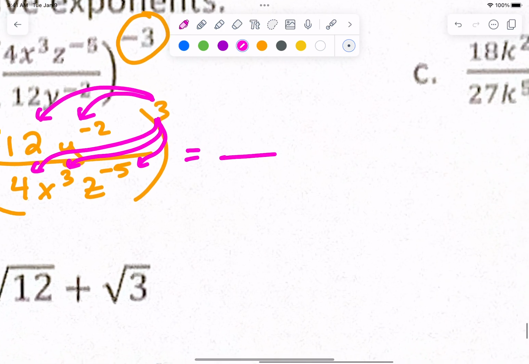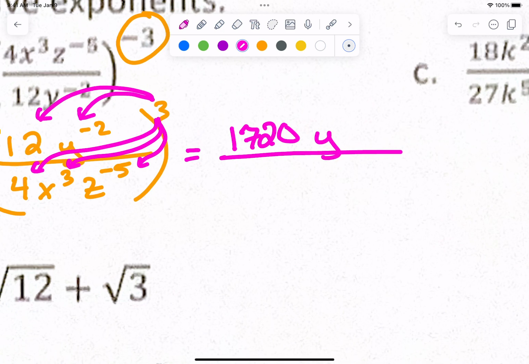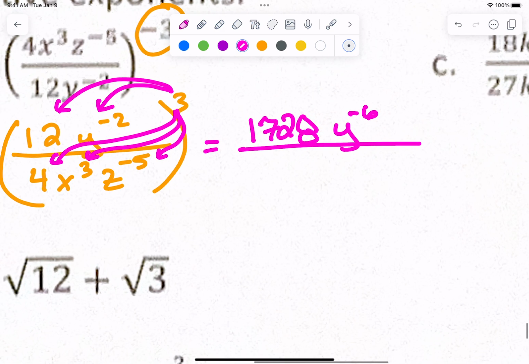Huge number. 1728. Y to the what? Y to the 6th. 4 on the bottom, 4 to the third power is 64.